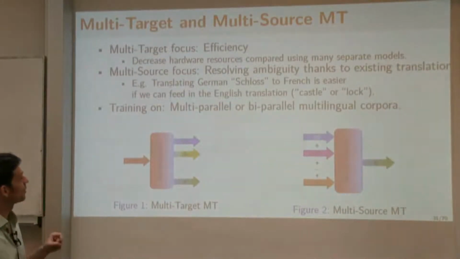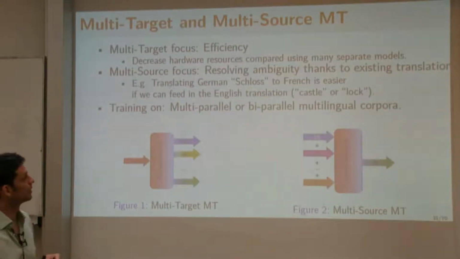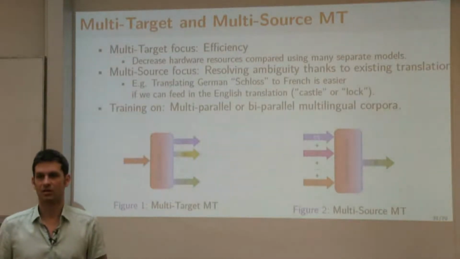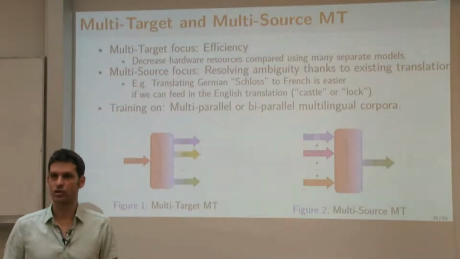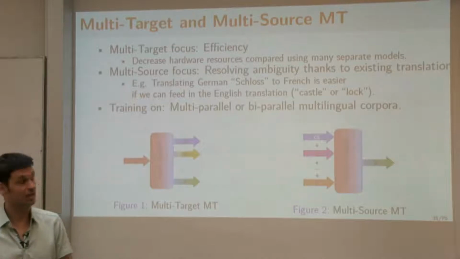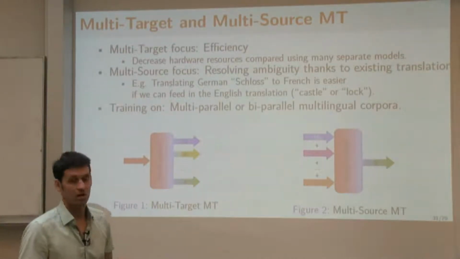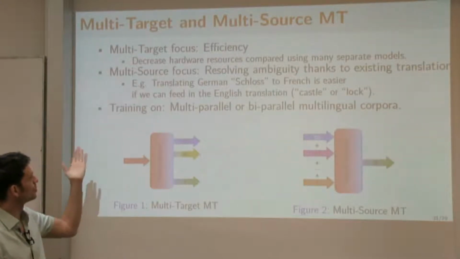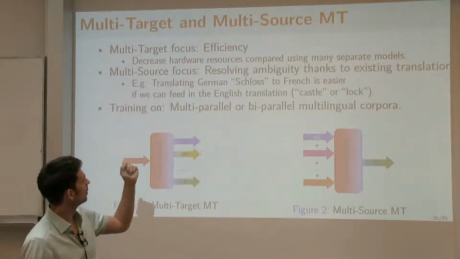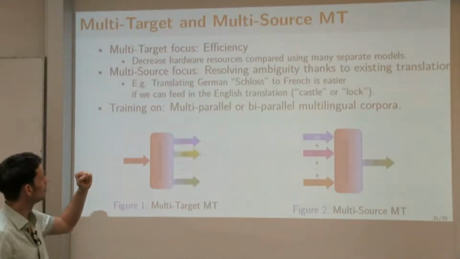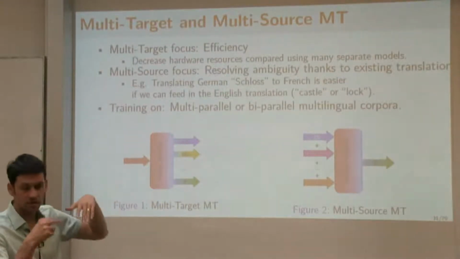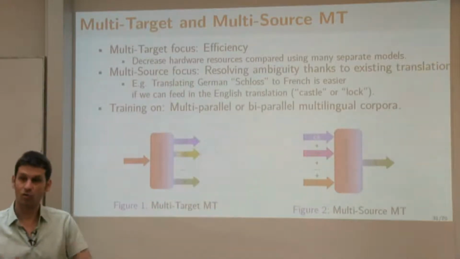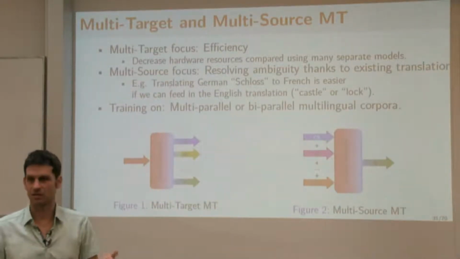The multi-source setup is what I already highlighted. Here is an example. I've talked about the morphological information which is available in the additional languages. Here the example is in the lexical domain. When you're translating the German word Schloss to French, it would be easier if you already had a translation into English, and this English translation would have already disambiguated whether this is a castle or a lock.